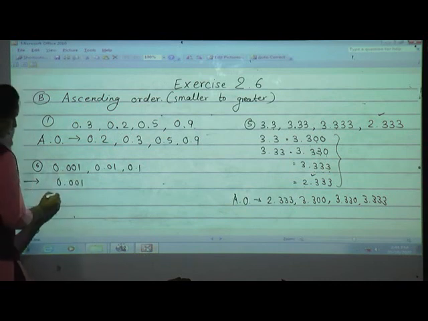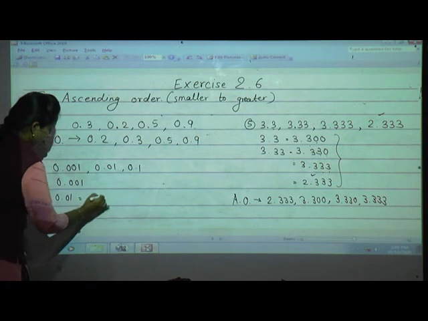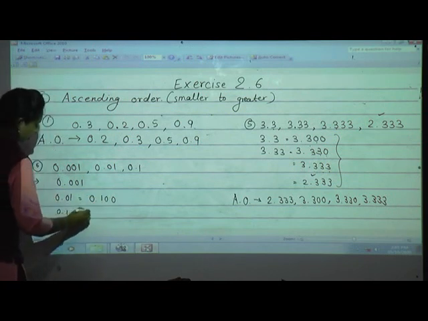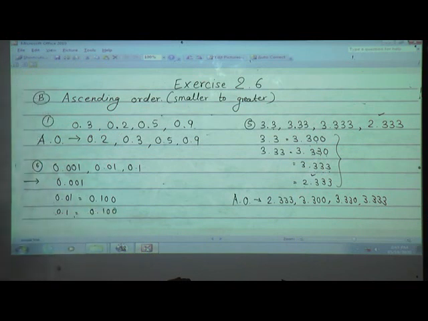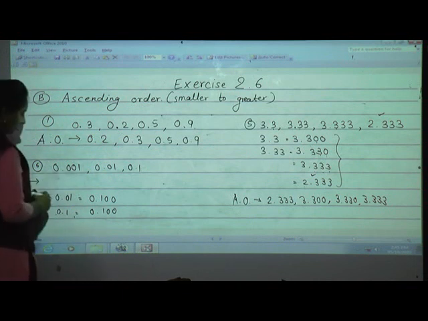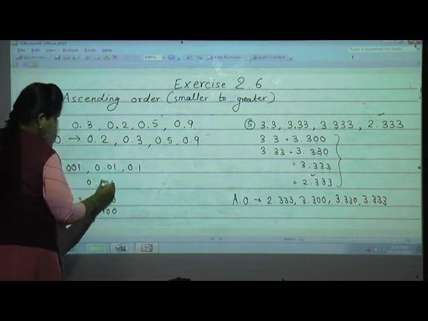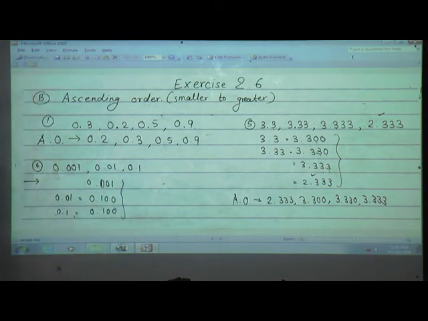The next, 0.01 means we can add one more 0 here, and 0.1 means 0.100. I'll write this number here, this side 0.001. Now we need to compare these 3 numbers to write in ascending order.